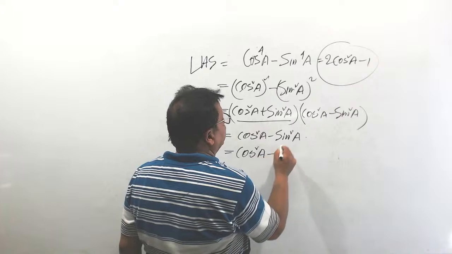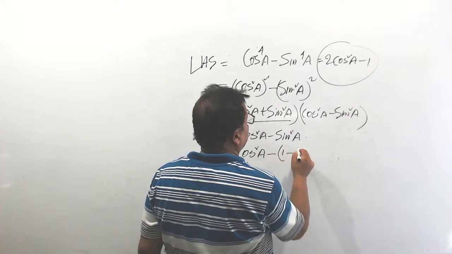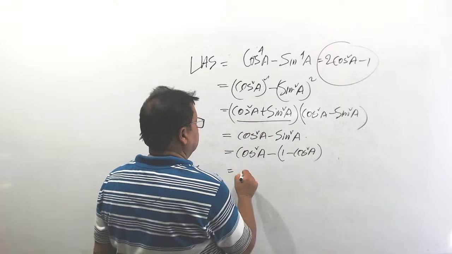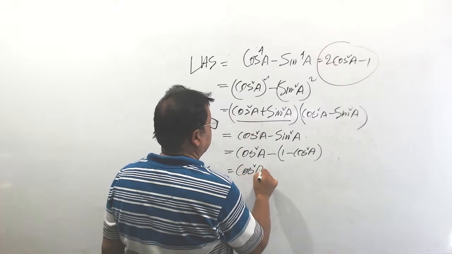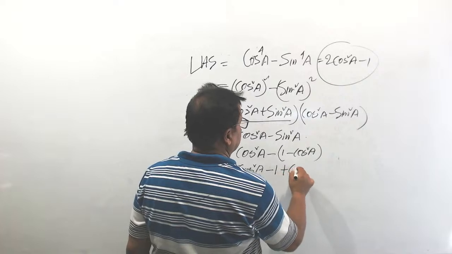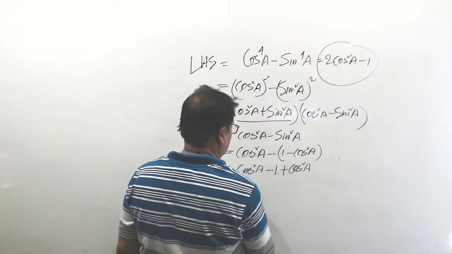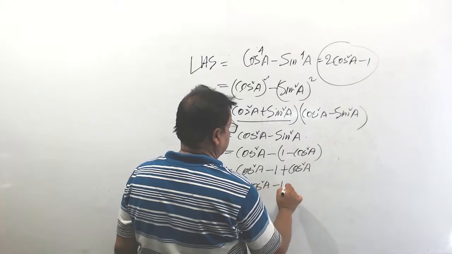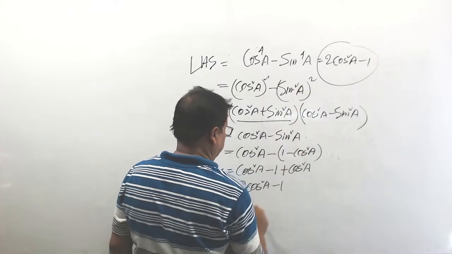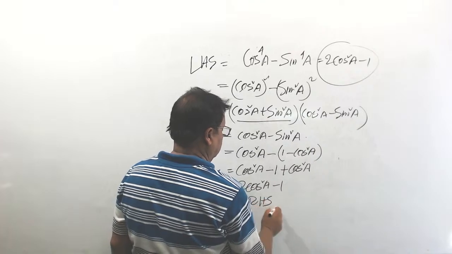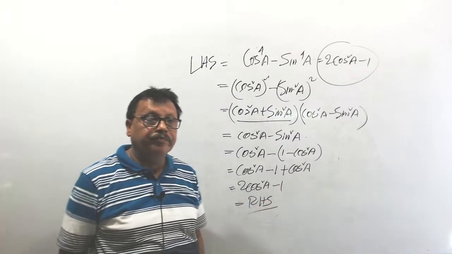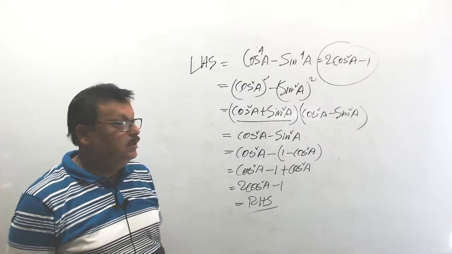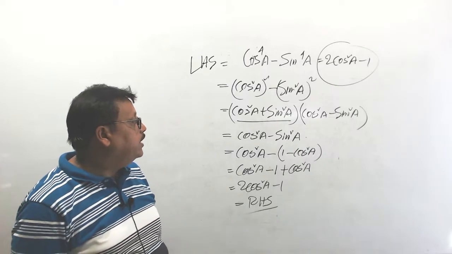Cos square a minus sine square a means what? 1 minus cos square a. That means cos square a minus 1 plus cos square a. That means 2 cos square a minus 1. Same as right hand side. Is equal to right hand side.